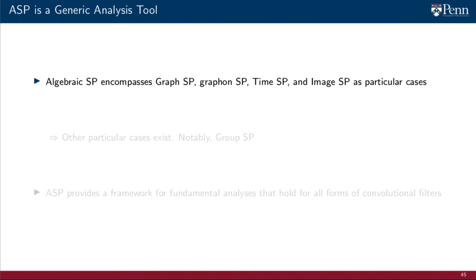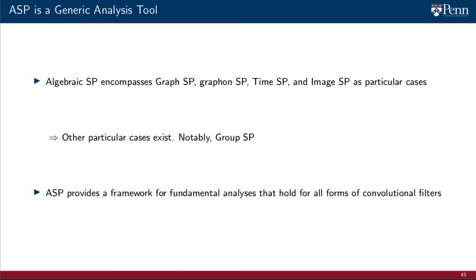Algebraic convolutional filters encompass graph, graphon, time, and image convolutional filters as particular cases. There are other particular cases that can be obtained, notably group convolutional filters. The value of having built this abstraction is that it provides a framework for analysis that holds for all kinds of convolutional filters.